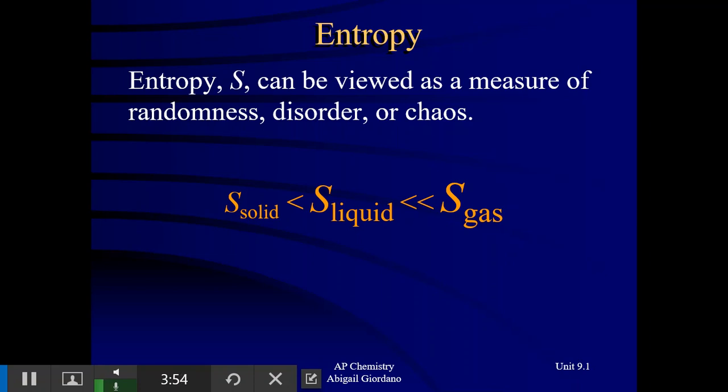The atoms and molecules are very close to each other, and there's very little movement, whereas liquids have some connections to each other, but not as much structure, and more movement. Gases have little to no forces exerted on each other. They're moving at high rates of speed, and there's lots of disorder. So in general, the entropy of a gas is much greater than the entropy of a liquid, which will thus be greater than the entropy, the disorder, of a solid. Solids have the least amount of entropy.